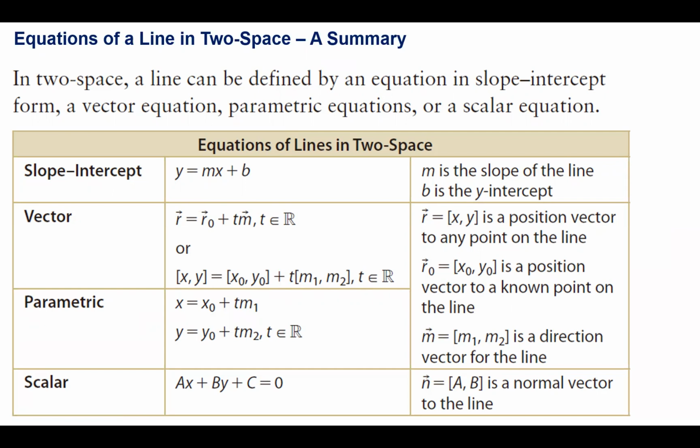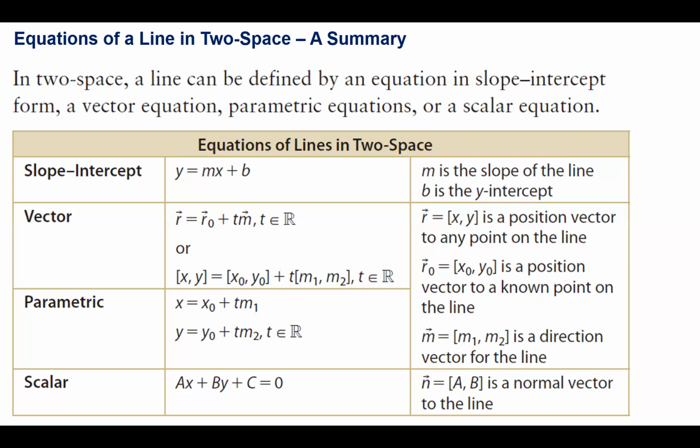In the vector form, we have the vector r, which is the position vector of any point on this line, equals r naught plus t times vector m, where t belongs to the real number set, which is equivalent to vector (x, y) = (x naught, y naught) + t(m1, m2), where the vector r, whose position vector is (x, y), is a position vector to any point on that line.